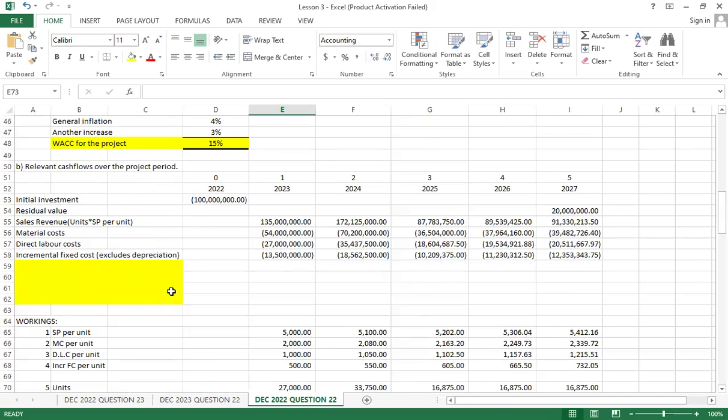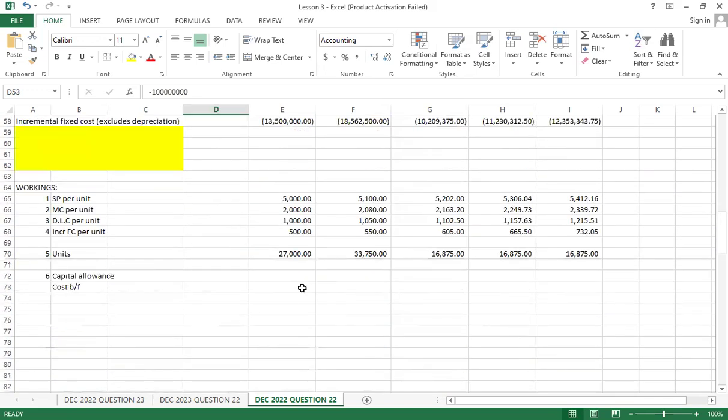So the cost of the asset is therefore that initial investment of 100 million. So I will come down here and say that at the start of period 1, the cost of the asset, we have 100 million.